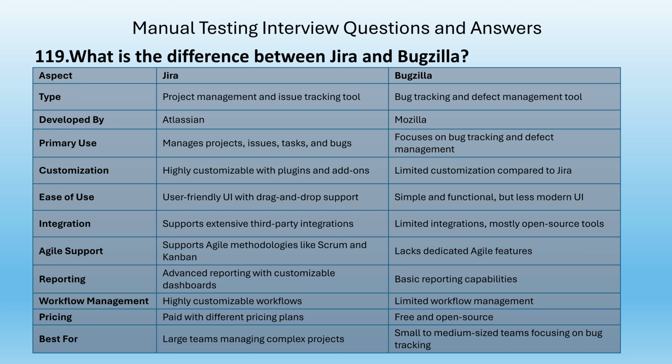Jira Agile support: supports agile methodologies like Scrum and Kanban. Bugzilla Agile support: lacks dedicated agile features. Jira reporting: advanced reporting with customizable dashboards. Bugzilla reporting: basic reporting capabilities. Jira workflow management: highly customizable workflows.